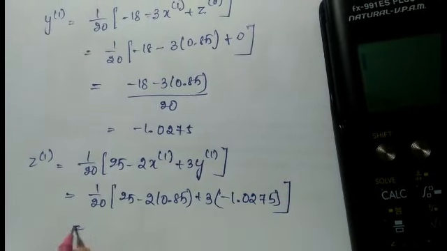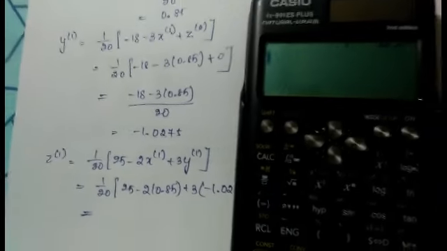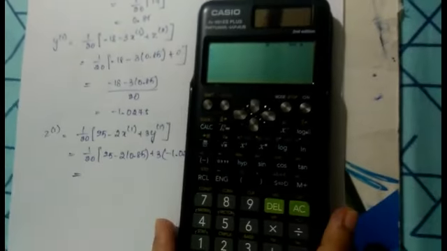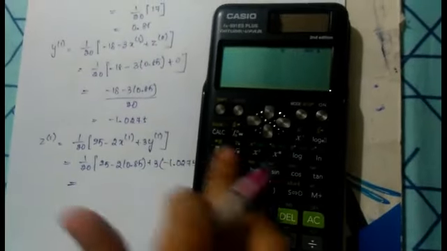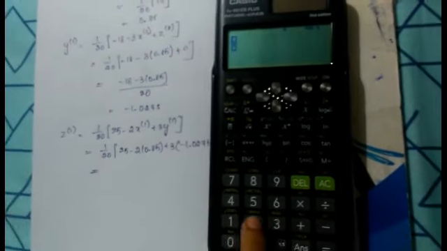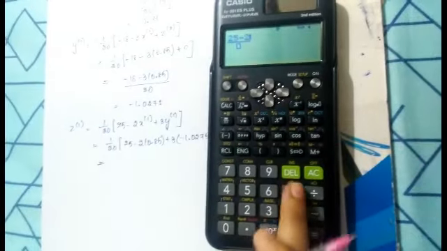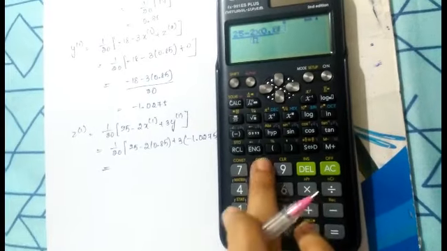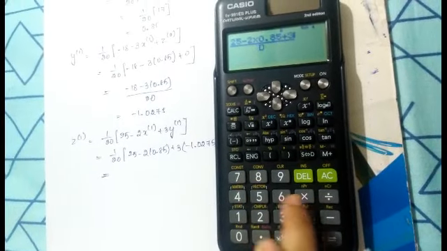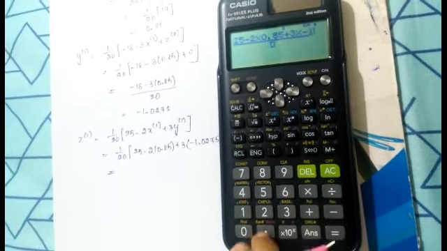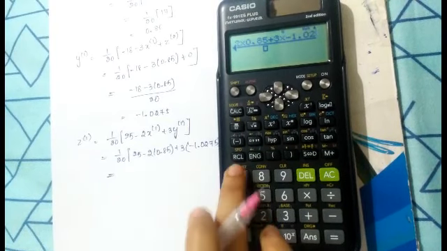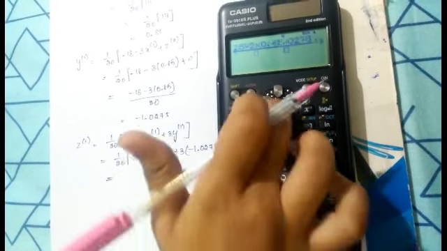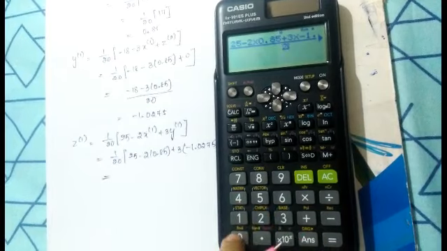Then in the Calci, click on AC, fractional one, and 25 minus 2 into 0.85 plus 3 into minus 1.0275, and get the cursor into the denominator, enter the value 20.